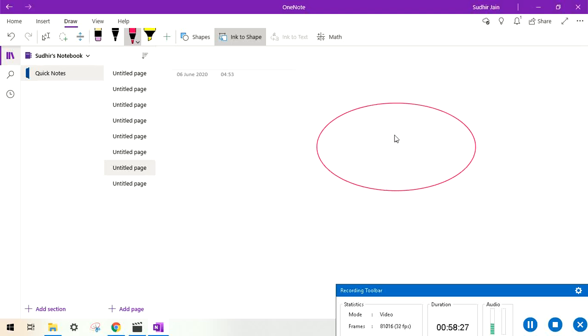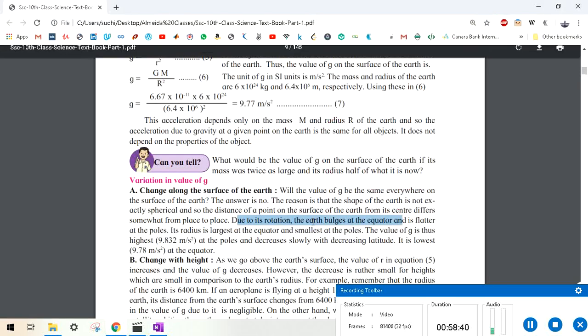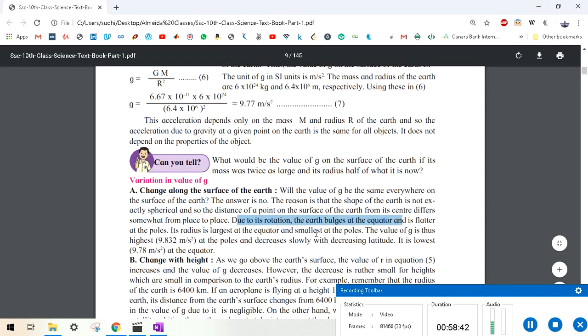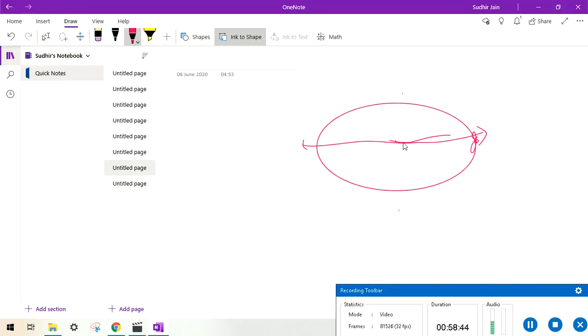So it is like this. If you see, this is the equator, this part, and these two are the poles. So if you are standing here, your value of r will be larger, right? So earth bulges at the equator. Earth is probably like this, not this much bulging, probably like an egg.